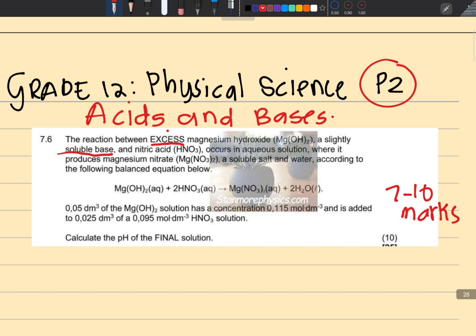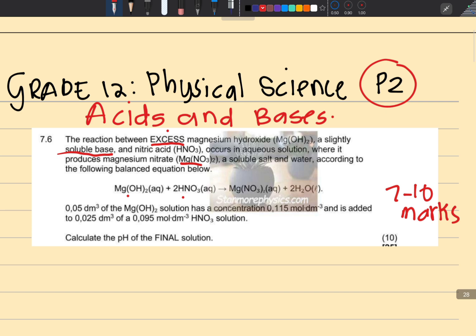This reaction, magnesium hydroxide and nitric acid, HNO3, occurs in an aqueous solution, meaning it is taking place in water, where it produces magnesium nitrate as a soluble salt and water according to the following balanced equation. So we have the equation of magnesium hydroxide and nitric acid yielding magnesium nitrate and water.